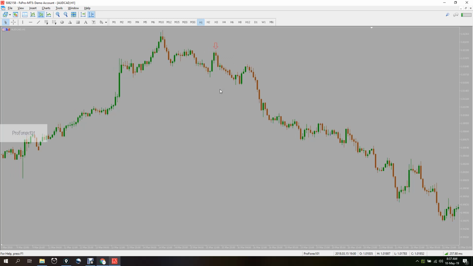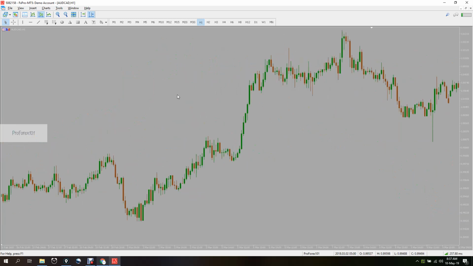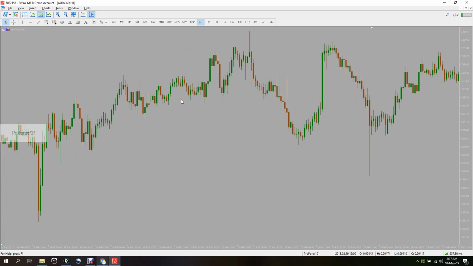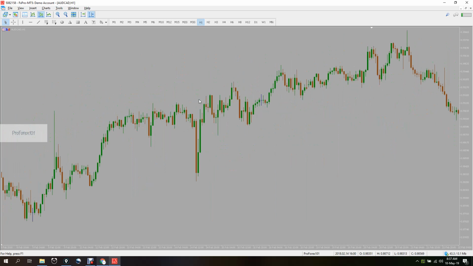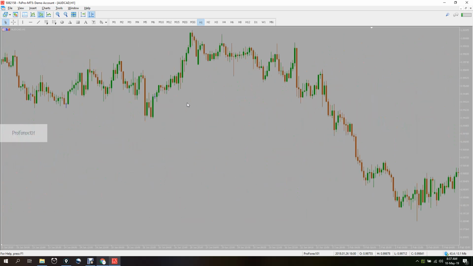So yeah, I wouldn't say that's a good example of a hanging man. Let me look for more. These small subtle differences mean something.